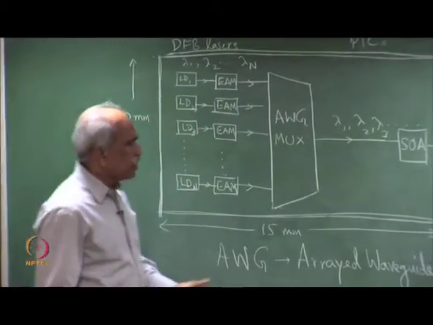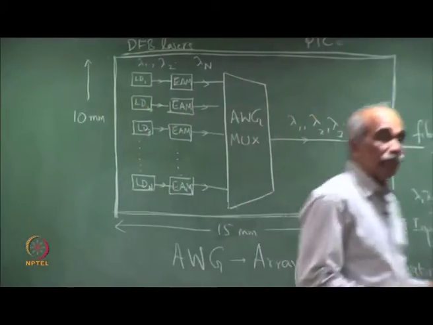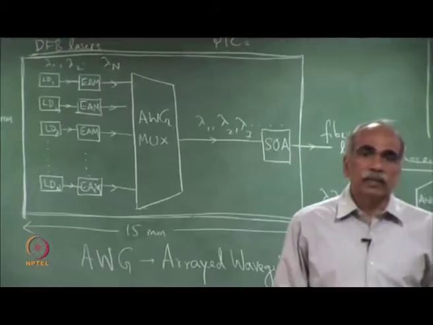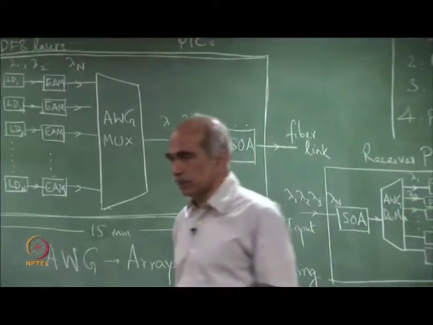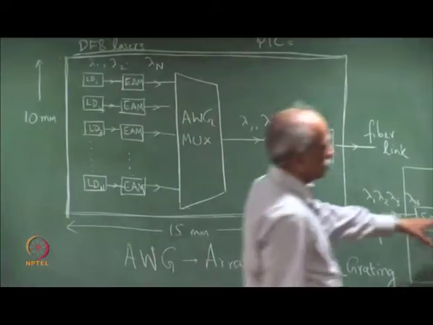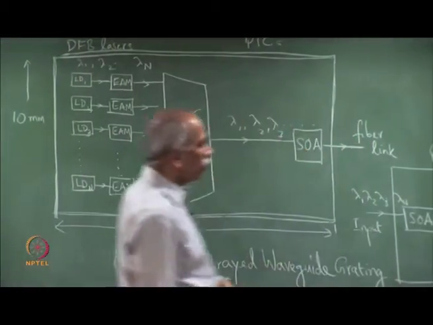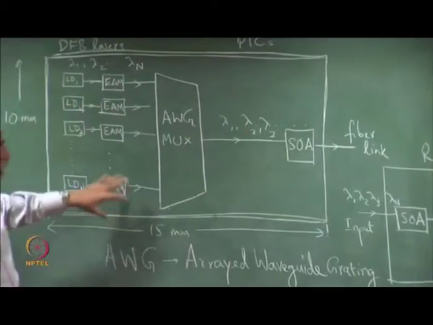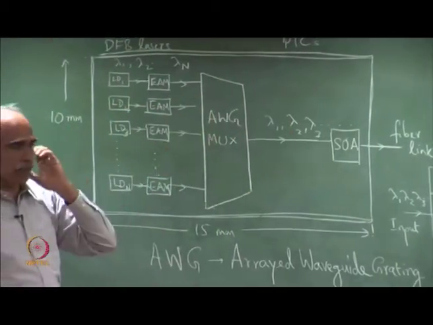Initially there were only lasers and modulators, and then at the output amplifiers and photodetectors, where the amplifier and photodetector were integrated, but now hundreds of components are integrated to realize a single photonic integrated circuit.